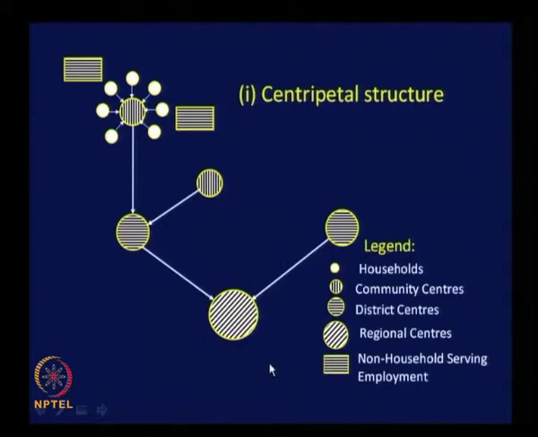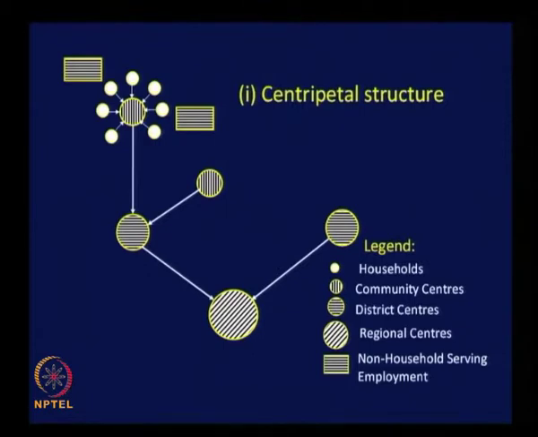And to have an idea about the location of non-household serving employment, the location of these facilities is indicated here. They are outside the hierarchy of connection between the activity centers, they are independent of this hierarchy, so that there is direct access from household to these non-household serving employment centers, clear.